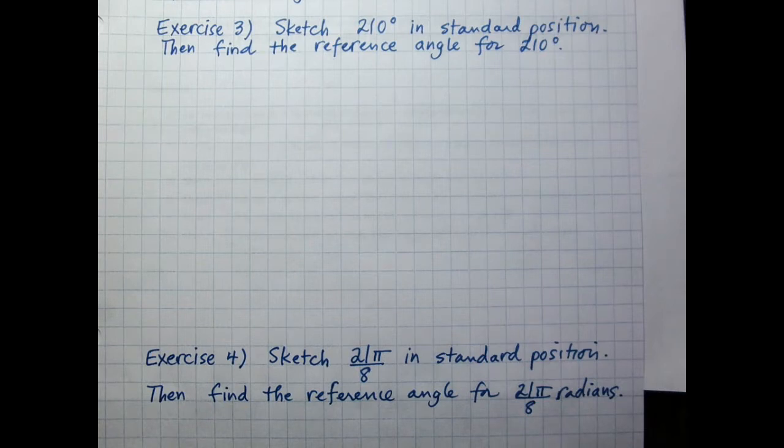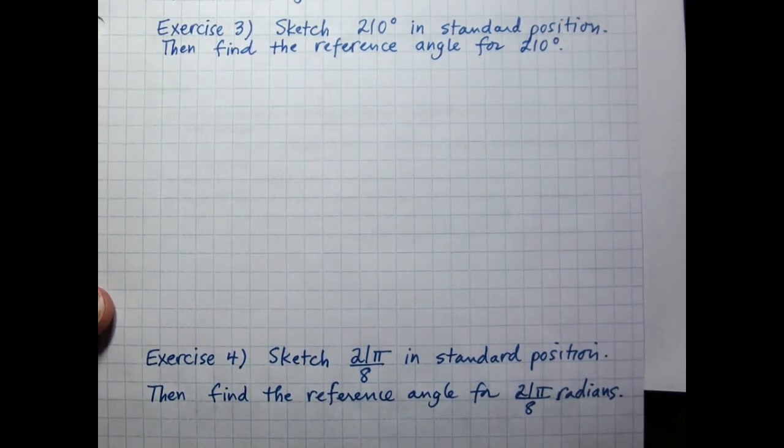The situation we're going to end up being in from now on is we start with some angle and want to determine the reference angle for that angle, because the reference angle is going to tell us something about what's going on with the trig functions for that angle. So I'd say exercise 3 is the beginning of the real thing, sort of.